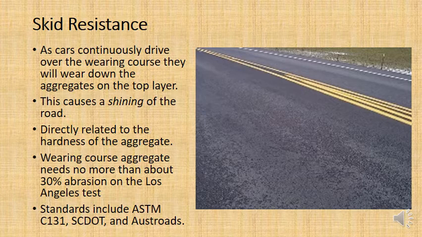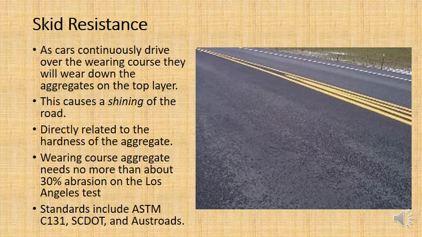How do we prevent that? Well, we need to make sure that our aggregate has a high enough hardness. Do you remember studying hardness when we looked at aggregate and we did the Los Angeles test? And I said that an aggregate for a wearing course, meaning the aggregate on the top surface of a road, couldn't have an abrasion value of more than 30% in the Los Angeles test.